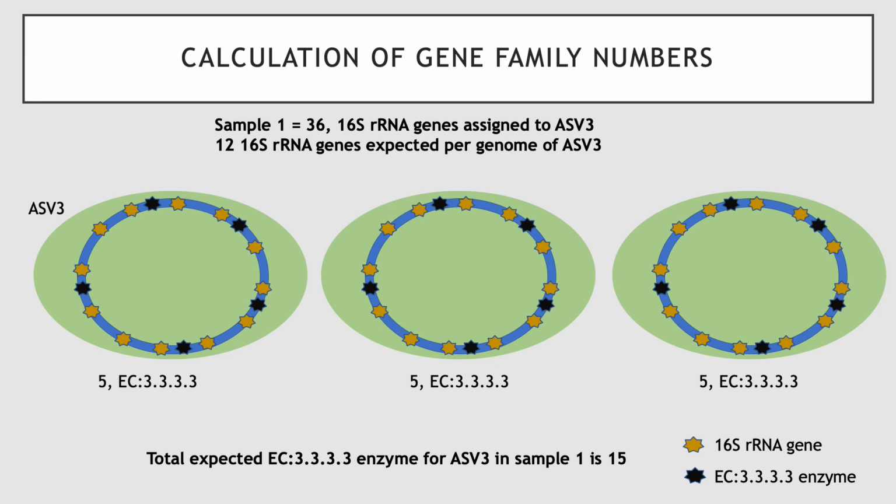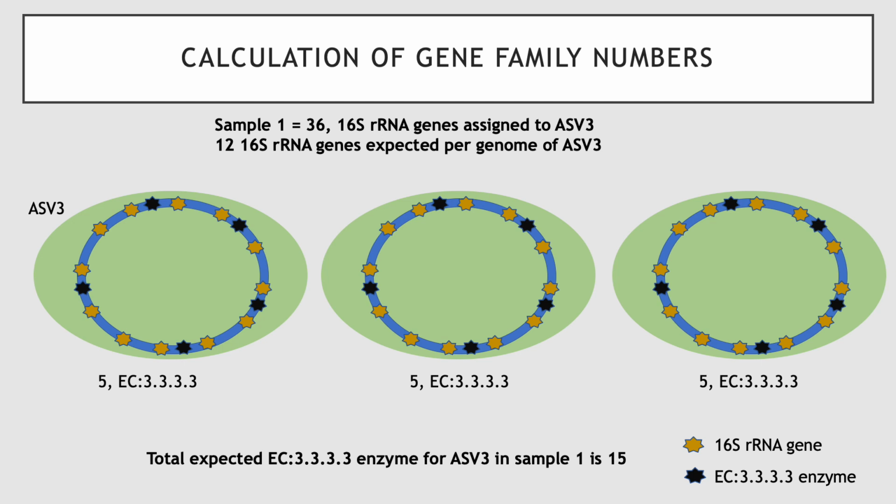If we're looking at these cells here, the green cells, they're all going to be ASV3, okay? Because I have 3 of them, because it's predicted that there's going to be 12 16S rRNA genes per genome. That means for one ASV3 cell, that genome is going to have 12 16S rRNA genes.